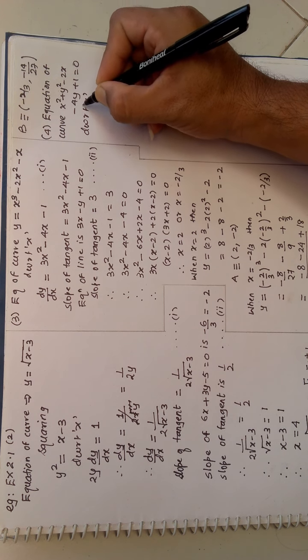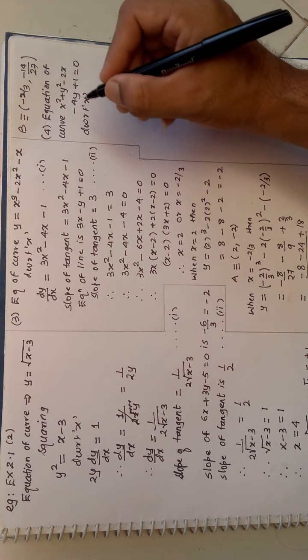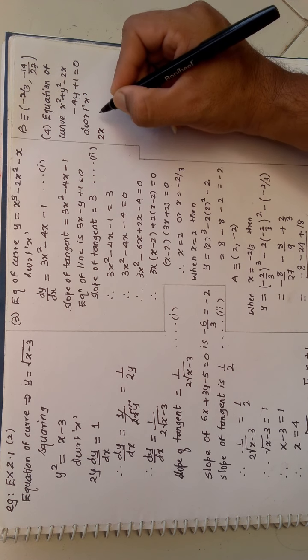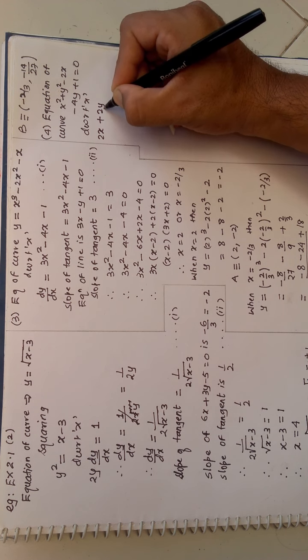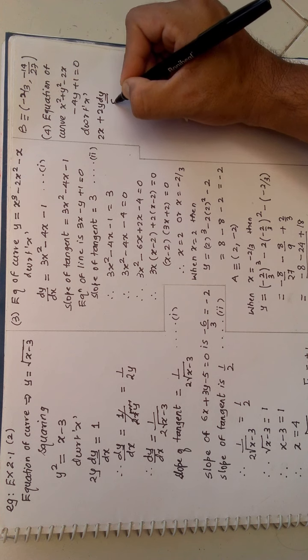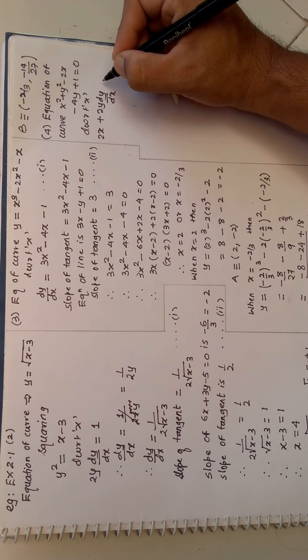So when you differentiate with respect to x, you get x square becoming 2x and y square becoming 2y dy by dx. You know all this, we have already discussed this many number of times.